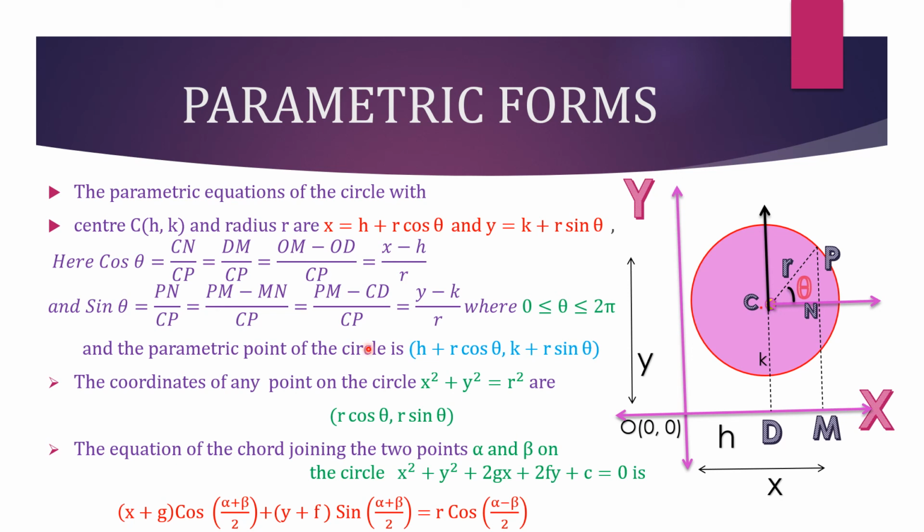So these are some more important points in the parametric forms. And one more result in parametric form is the length of the chord AB joining A theta 1 and B theta 2. Here A theta 1, B theta 2 are 2 points on the circle, and joining A and B, we get the line segment called a chord.